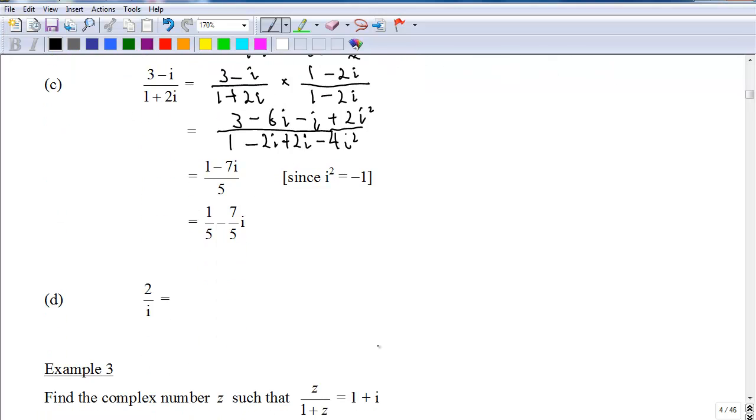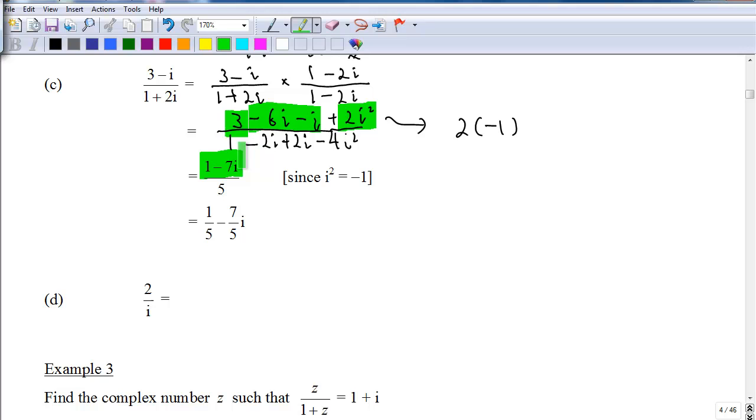So the top part just becomes 3. What is 2i squared? 2i squared is the same as 2 times minus 1. So 3 minus 2 gives you 1. Then you have minus 6i minus i gives you minus 7i.